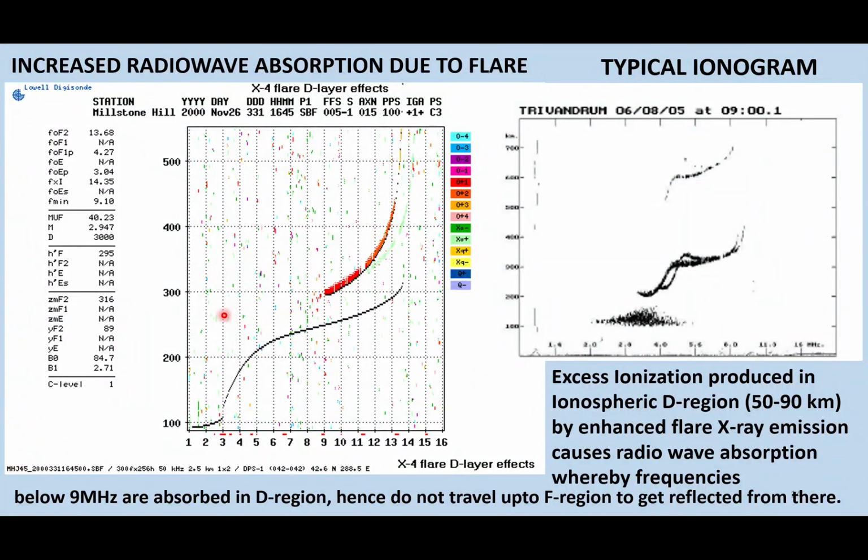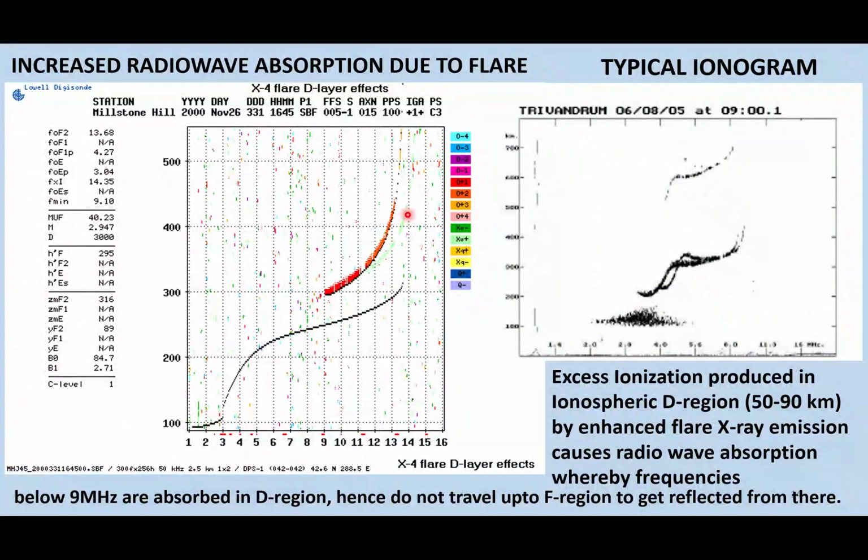So there is no trace of reflection from the E or F layer. That is why frequencies below about 9 megahertz are not reflected; they are absorbed by the excess ionization produced in the D region. So you get a trace on the ionogram only above a certain frequency, which is not affected by the D region ionization. This is the typical thing.